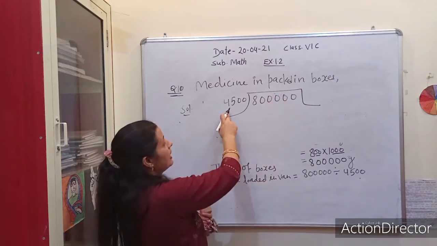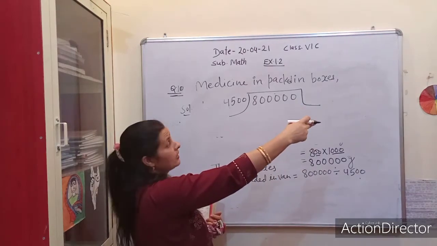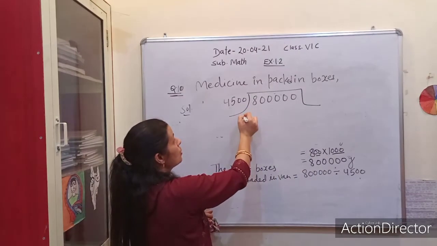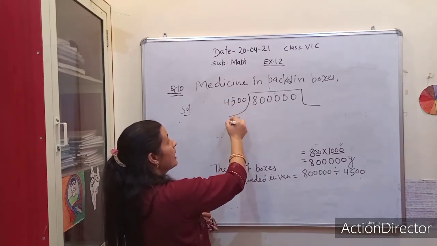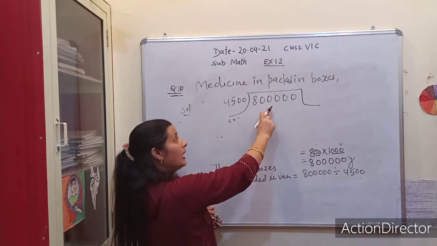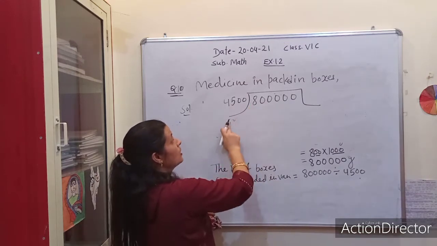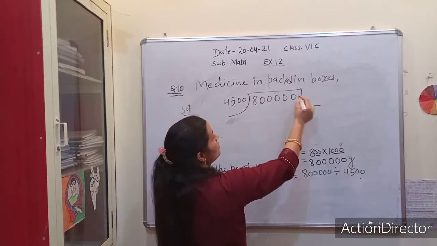Clearly you can see that if I divide it twice, the number will be greater than 8000. How? Because 2 zeros are 0, 2 zeros are 0, 2 fives are 10, 2 fours are 8 and 1, 9. The number which we will get will be larger than 8000. So we will divide 8 once by 4500.